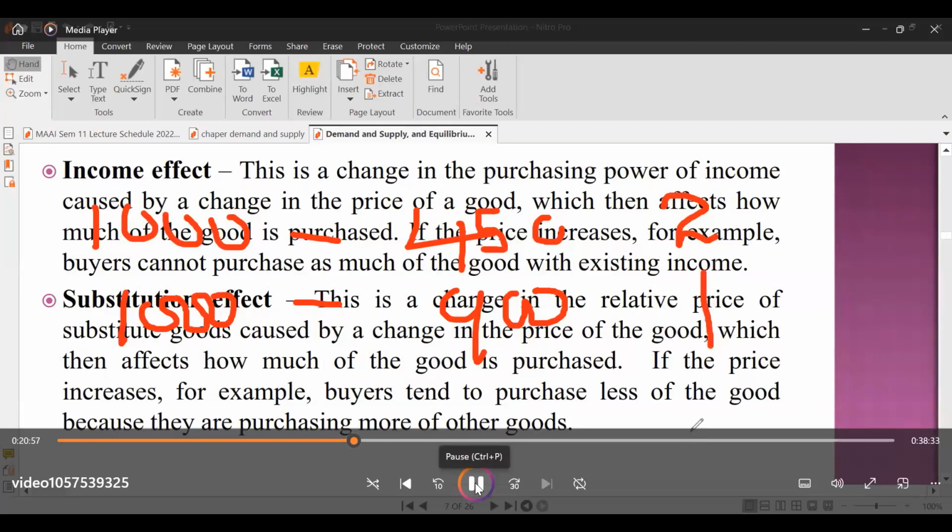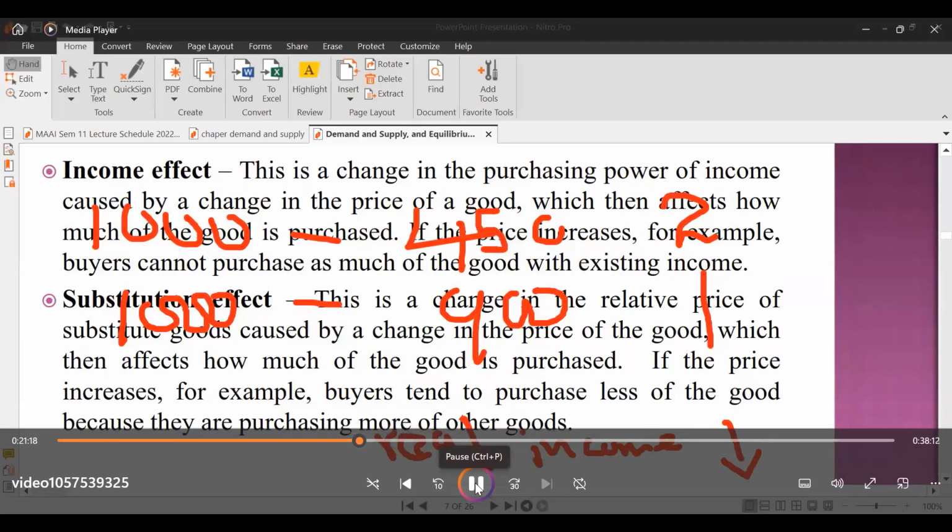Our purchasing ability, which we identify as real income, has decreased.